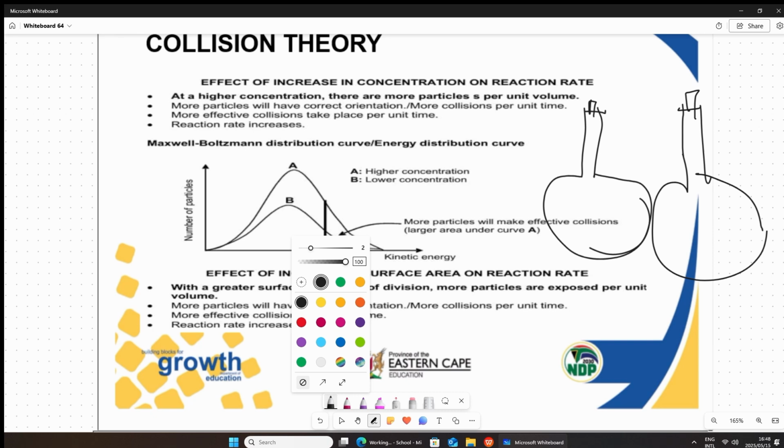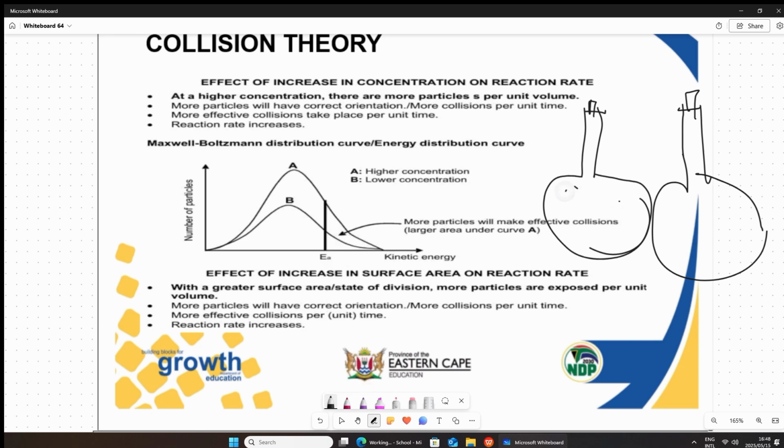If your solvent is water and your substance is sodium chloride, a highly concentrated solution would have more particles, where the black dots represent the sodium chloride. There will be more particles of sodium chloride than the solvent, which is water.